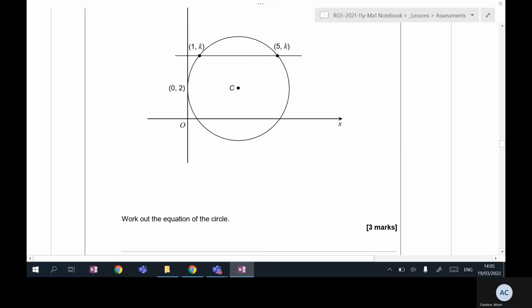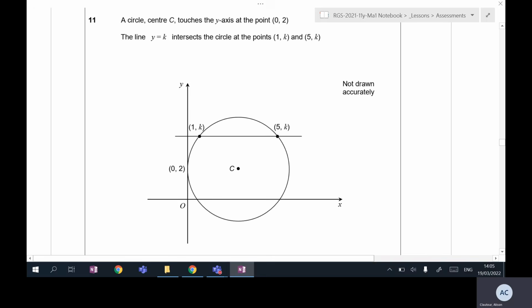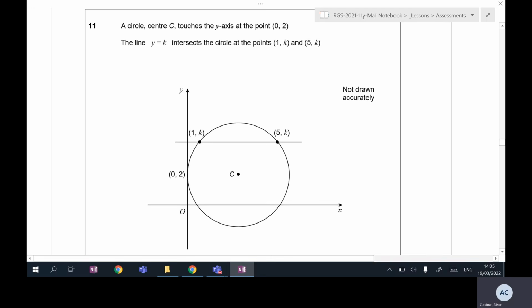So we have got not too much information here. So I'm just going to draw some lines on here. Okay, we know whatever this point is, it's going to be the same distance from (1, k) and from (5, k) and from (0, 2).